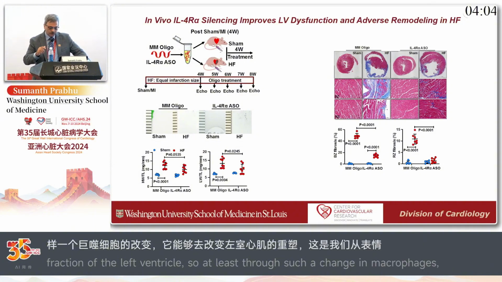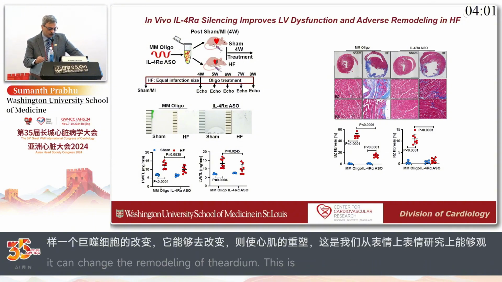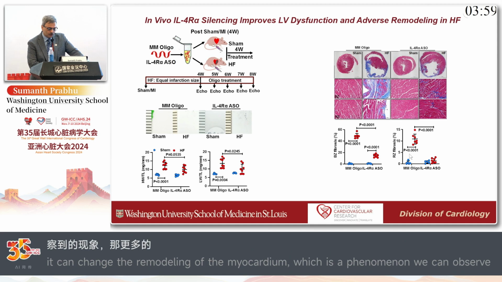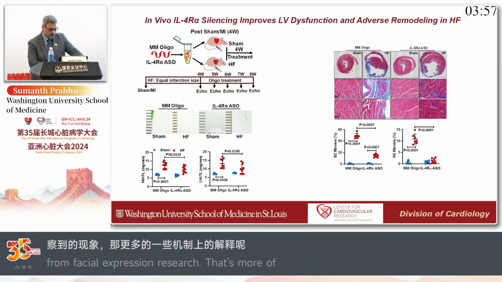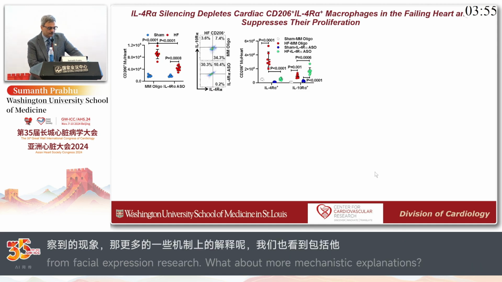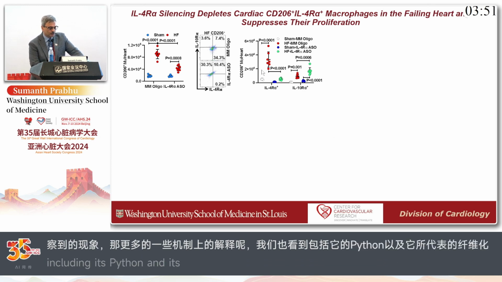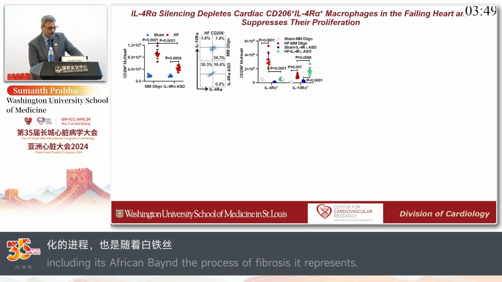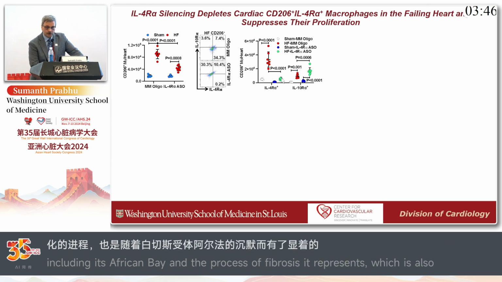With further examination of the histology, we saw a reduction in border zone and remote zone fibrosis, fairly significant, with IL-4 receptor alpha silencing. And we saw a reduction in overall CD206 positive macrophages in the heart, and a very significant reduction in IL-4 receptor alpha expression.